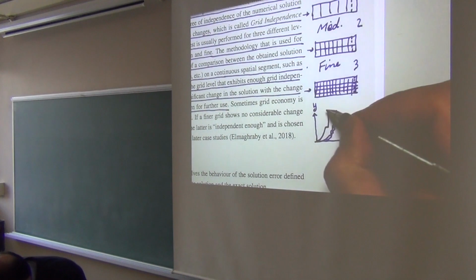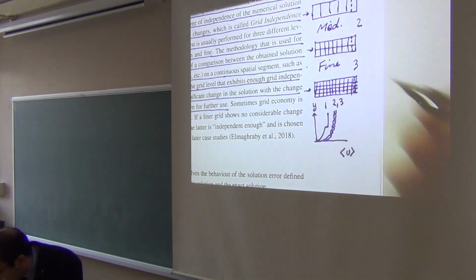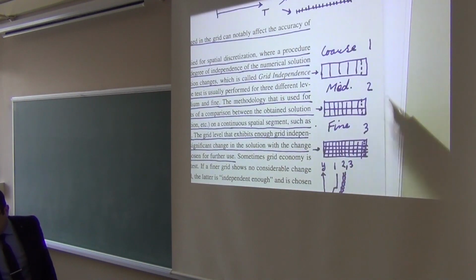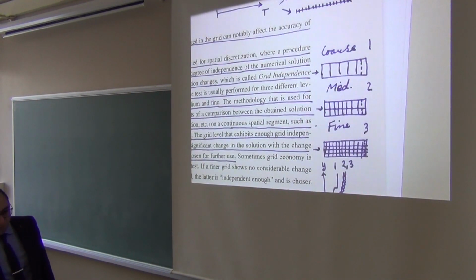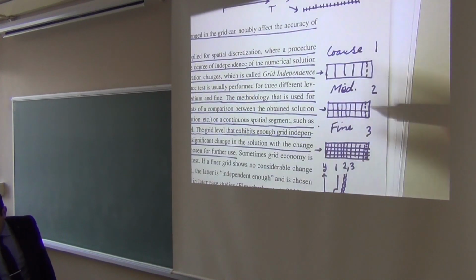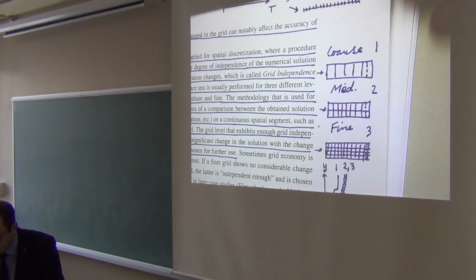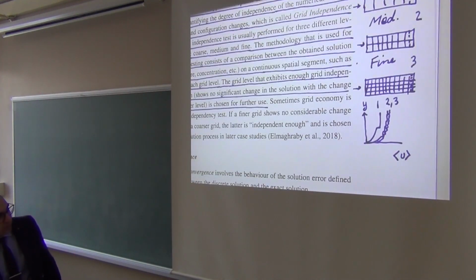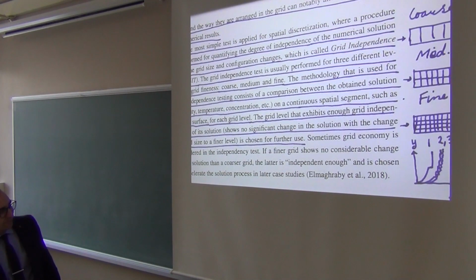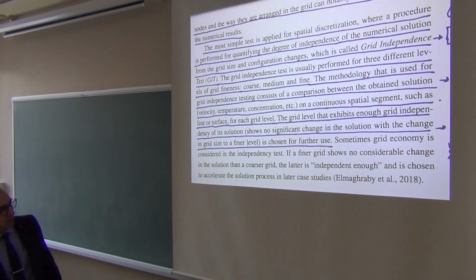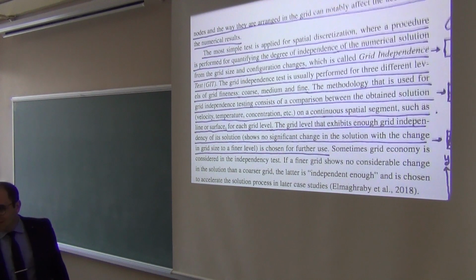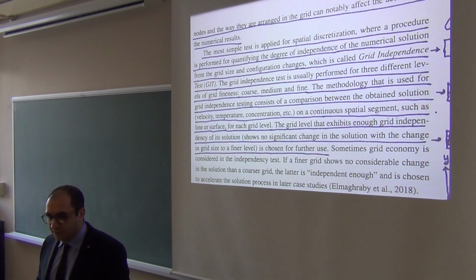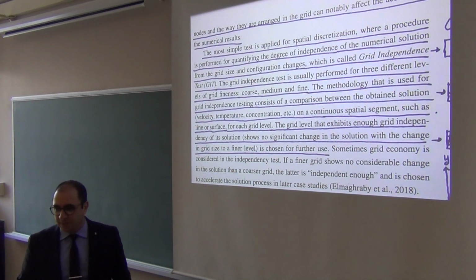So I got answer 1, answer 2, and answer 3. And I'm observing that answer 2 and 3, simulations 2 and 3 performed on medium and fine grids, are very close to one another. Certainly on that line, because this was the line of interest. So after doing this test, I'm now assured that I'm getting a converged solution. Okay, so that's what a grid independence test is. Just run it on 3 grids, see if you're getting closer and closer, sort of asymptotically speaking.